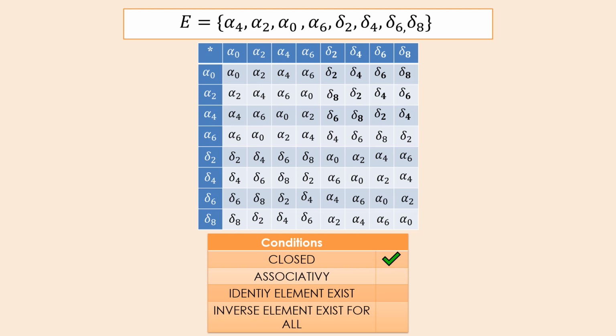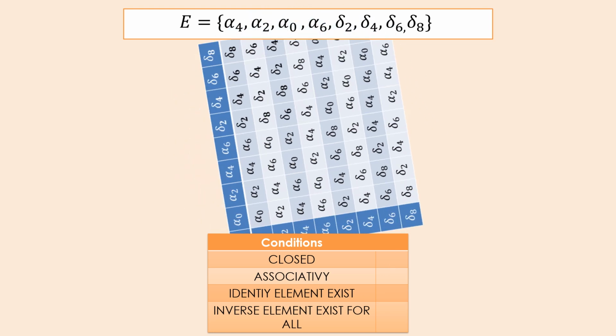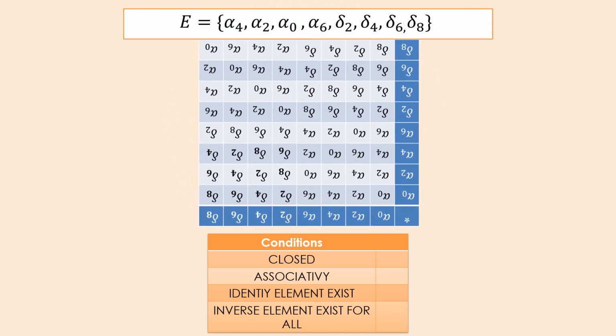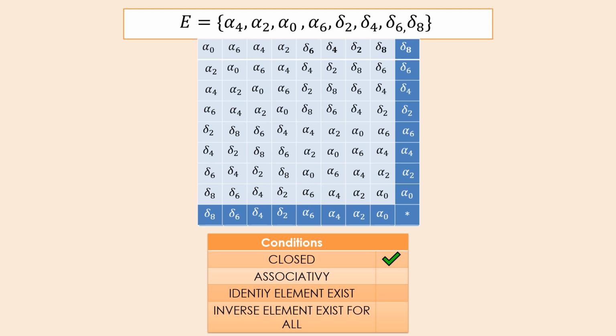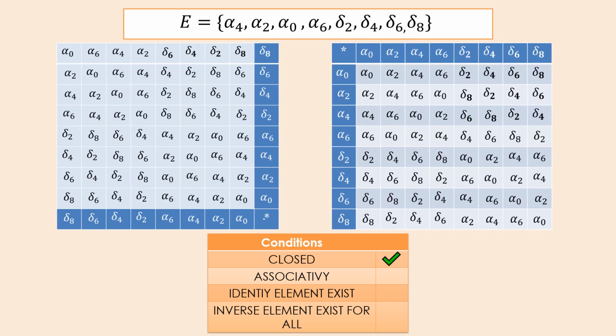Now, to check for associativity, there is a need to flip the table. After flipping the table 180 degrees, let's compare the flipped table to the original table, to see if they are the same or not.